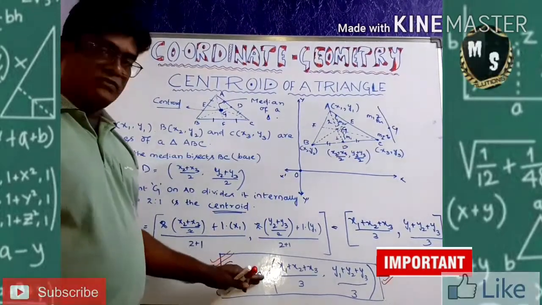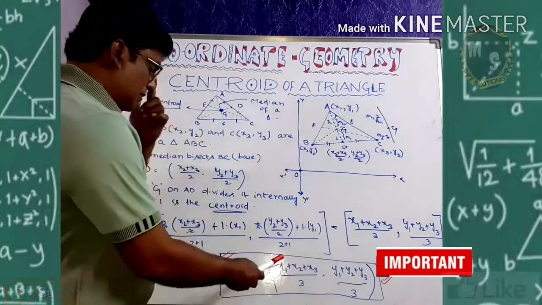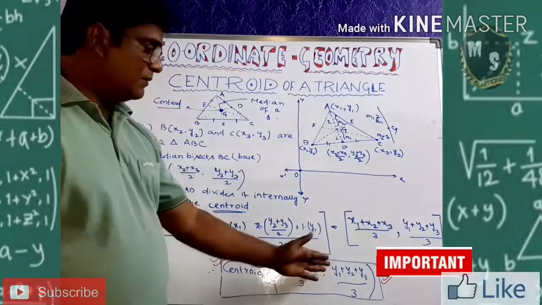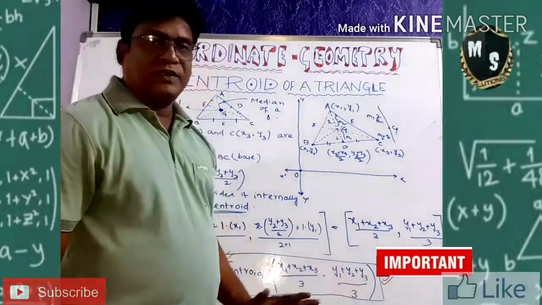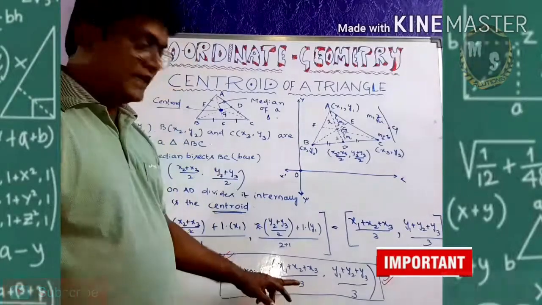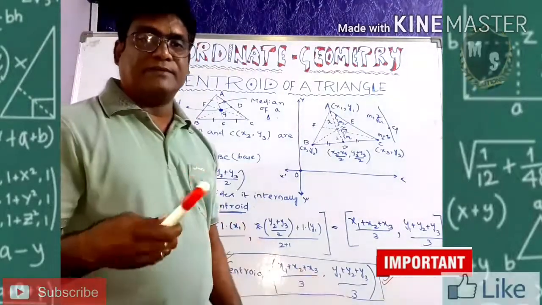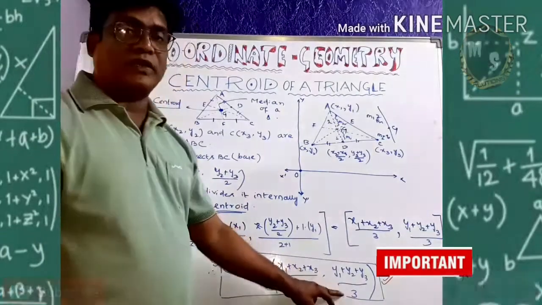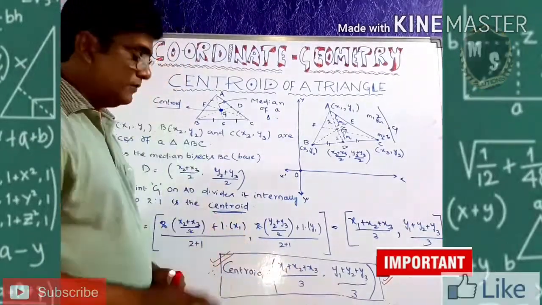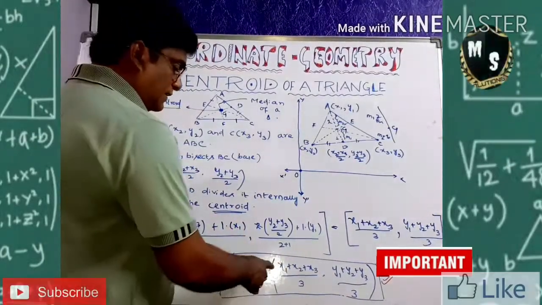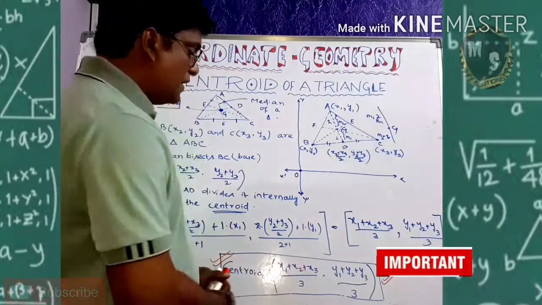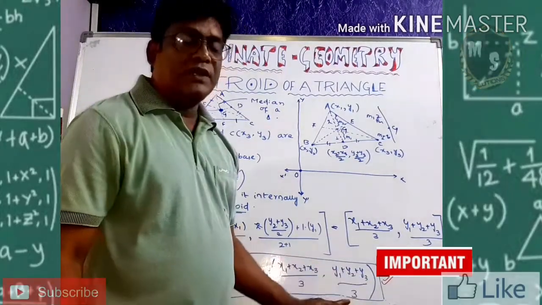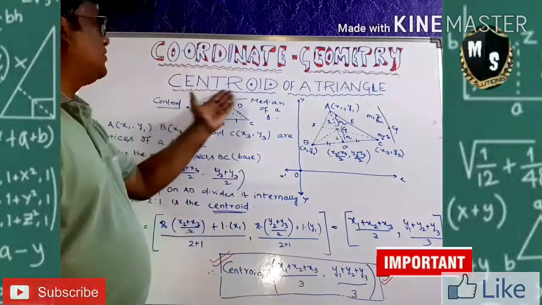The centroid is, a very easy formula, (x1 plus x2 plus x3) by 3, (y1 plus y2 plus y3) by 3. Some students write 2 here. In many exams I saw them write 2, but it is 3. Don't forget to write 3 below. So this is the centroid of a triangle.